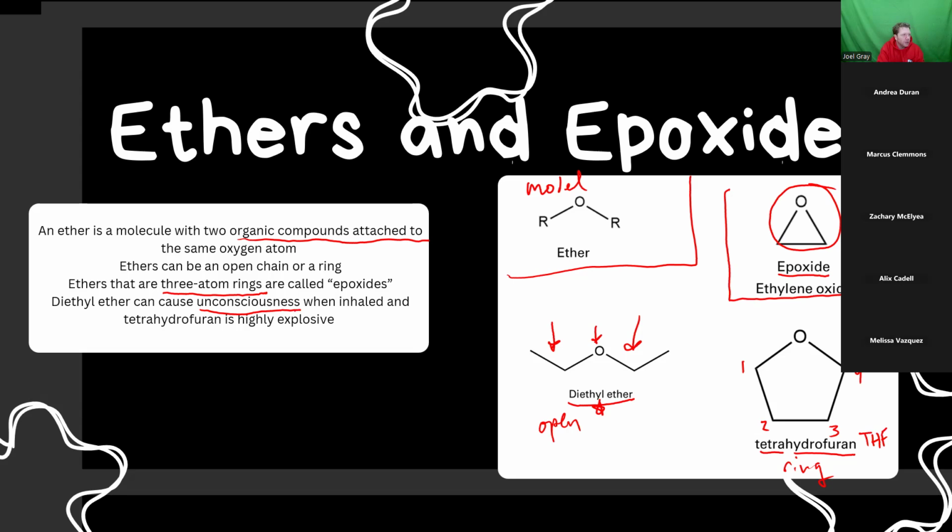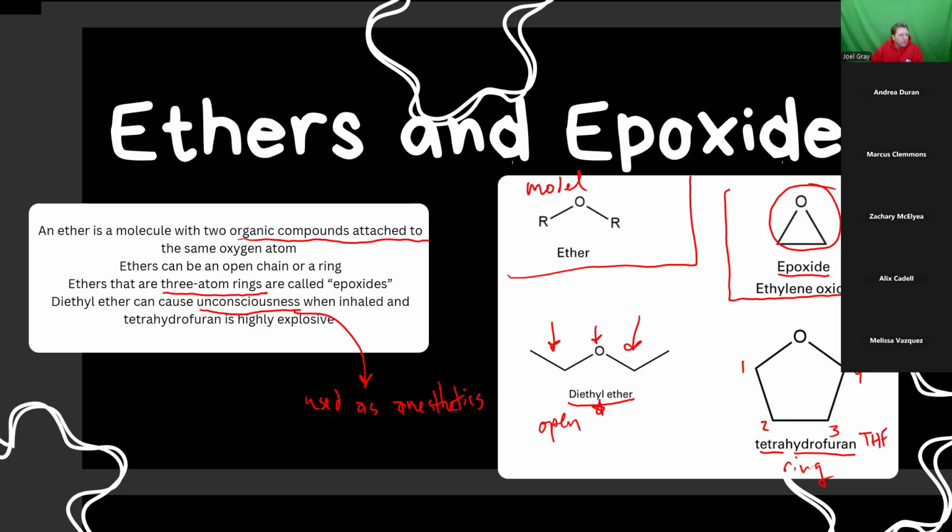Now, this unconsciousness, they're used as anesthetics, so drugs that make you pass out before surgery or something like that. That's what they're used for. Diethyl ether was an early anesthetic because it would just kind of knock people out.